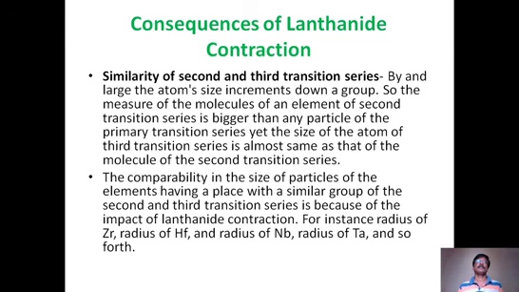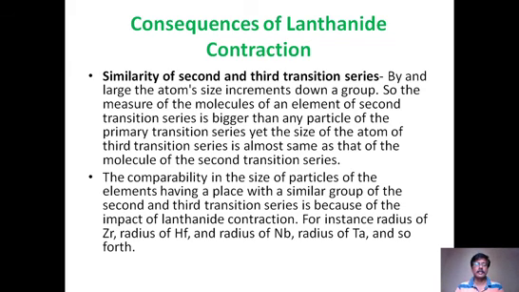The transition series of 4d and 5d are almost the same when compared to 3d. So 3d has different properties, whereas the 4d and 5d series have similar characteristics. The reason for this is the lanthanide contraction. On one side it is decreasing and on the other side it is increasing, so that the total value becomes almost the same.